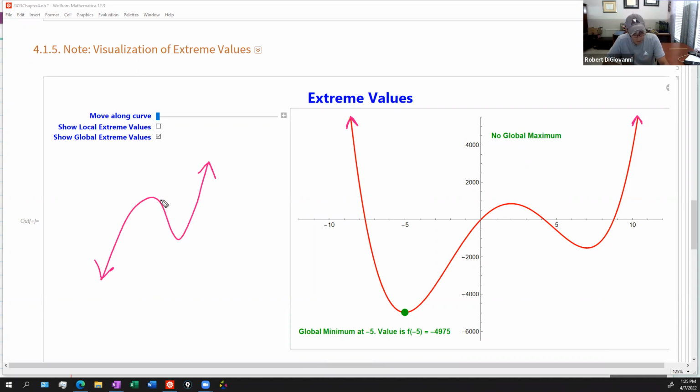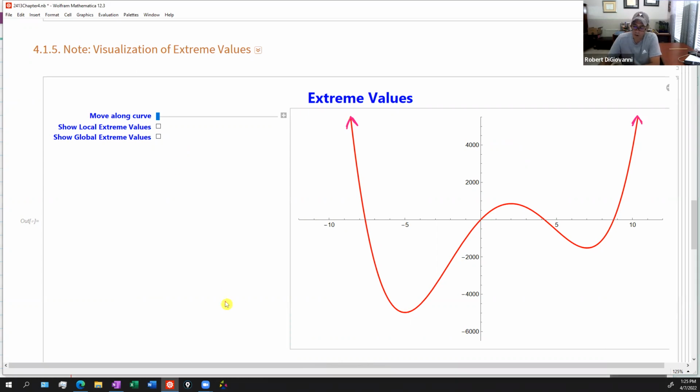Now, let's talk about locals. For locals on this one, how many local maximums? Just one, right here, right? This is the highest point on top of the hill, and locally, it's the highest point.